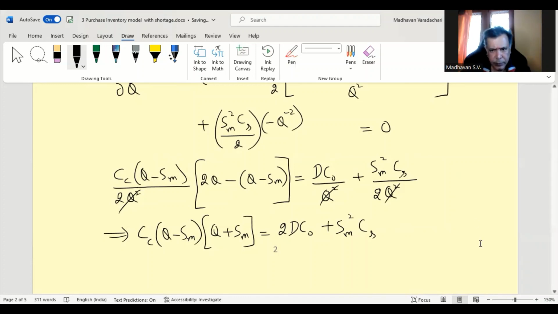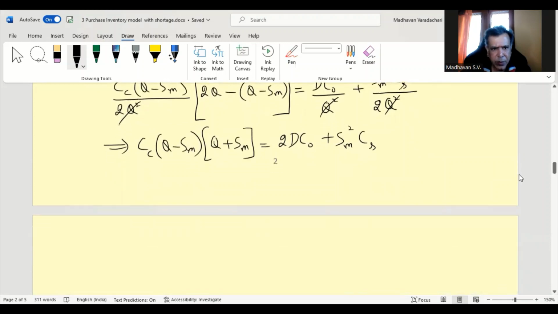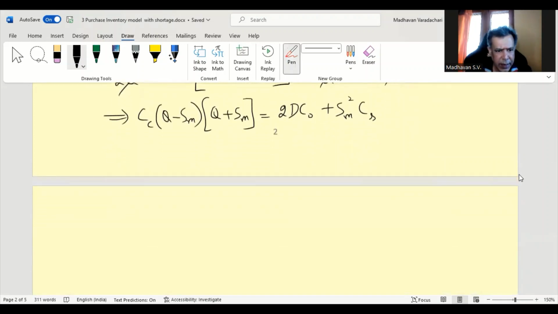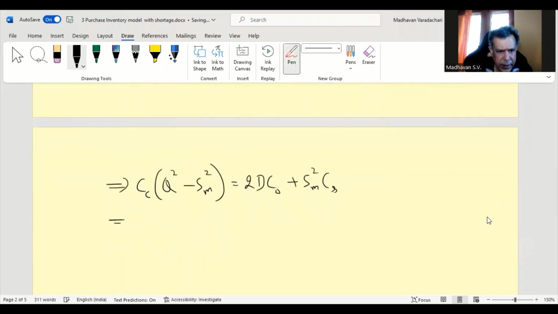Now, this is like A plus B into A minus B. So we can rewrite it as Cc Q square minus Sm square is equal to 2DCO plus Sm square Cs. Let us expand it in the left hand side.